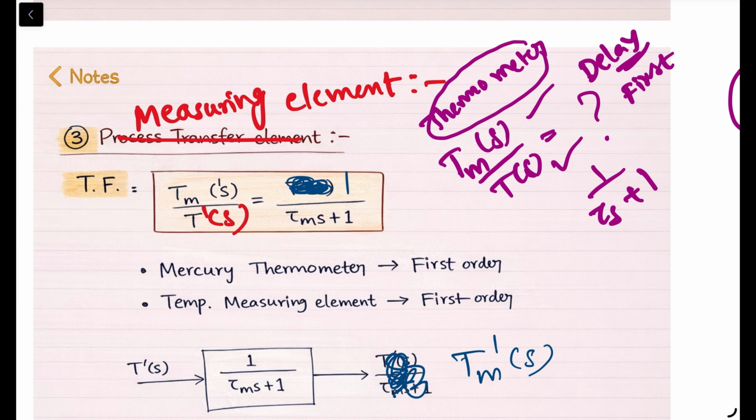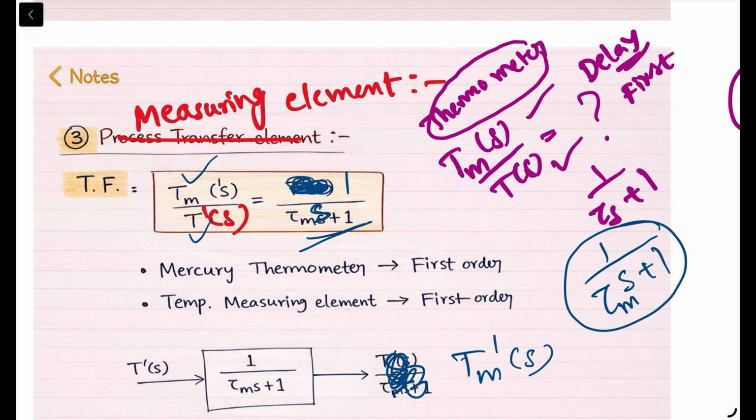That means Tm of s by T of s is equal to 1 by tau m s plus 1, where tau m is the time constant of the measuring element. The time constant represents the response speed of the thermometer.